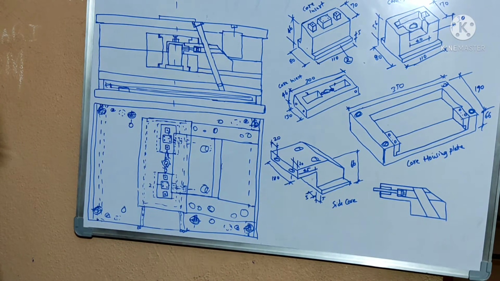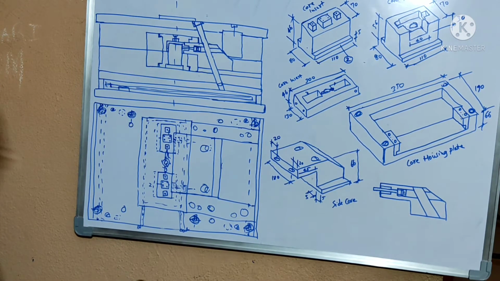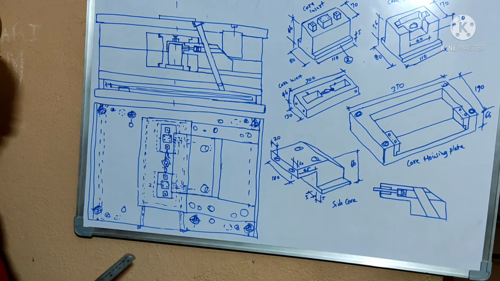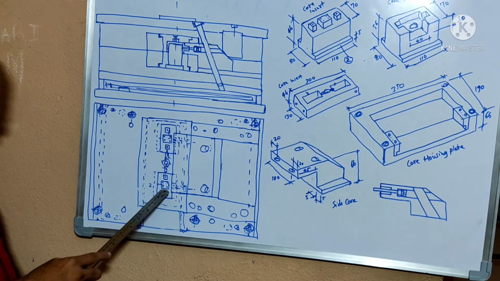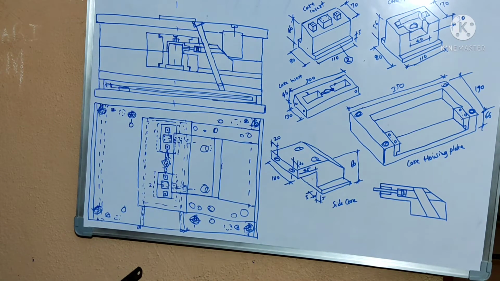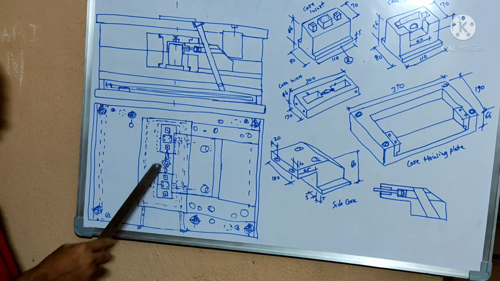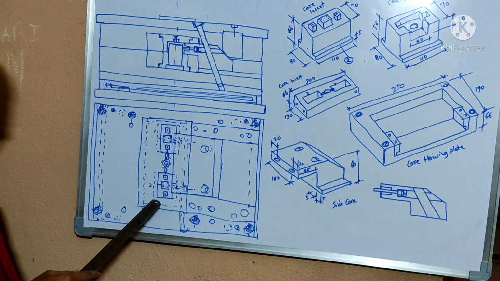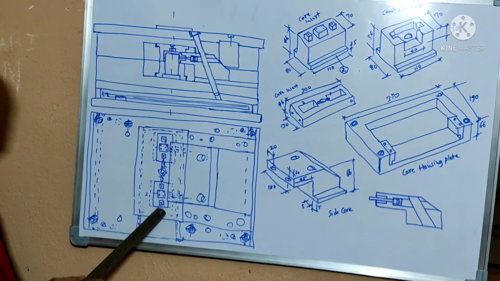You come to know that all the elements are there. And another main important thing is that after the curing time and the mold opens, here the component is ejected by the pin ejection method.